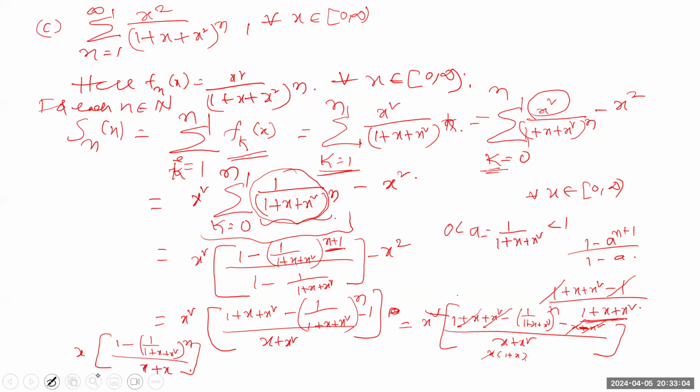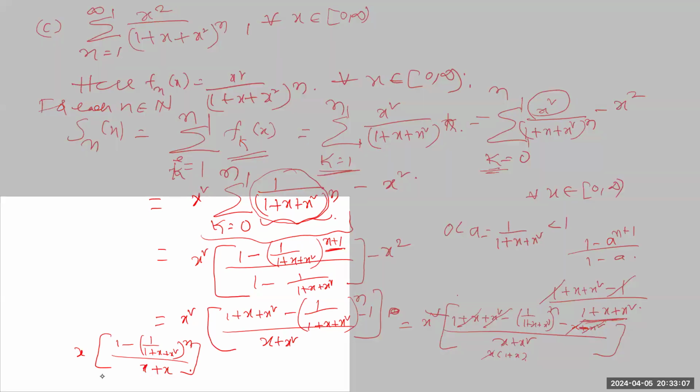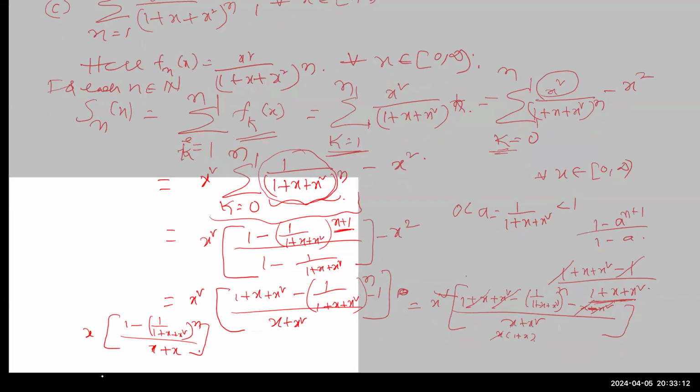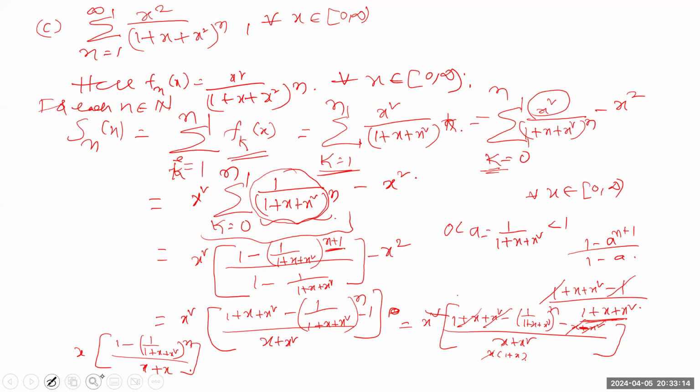So you can take out 1 plus x, because here we take 1 plus x here. So x over 1 plus x times 1 minus 1 over 1 plus x square to the power of n.